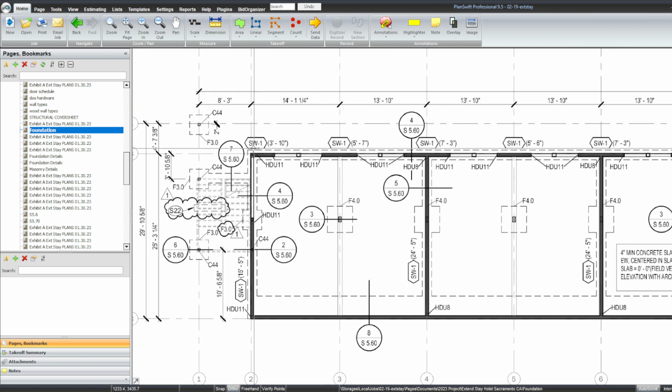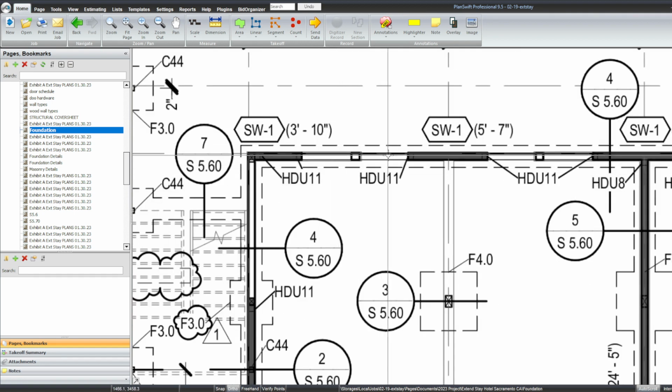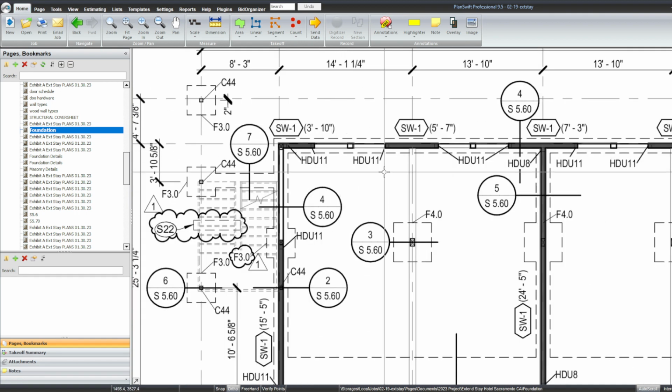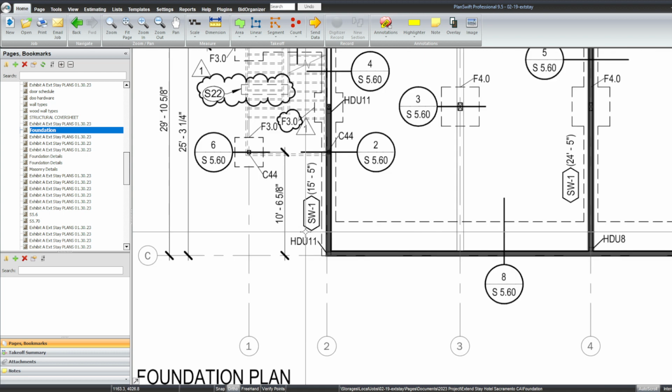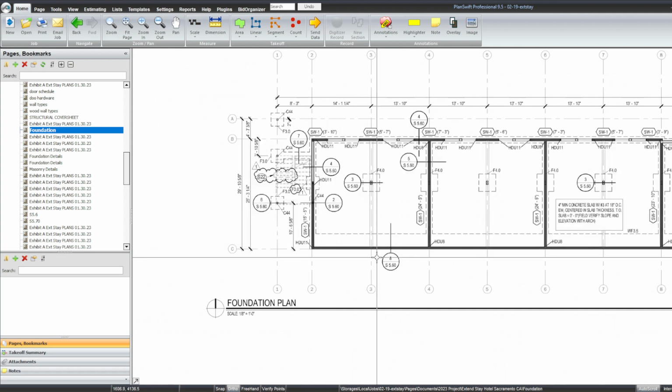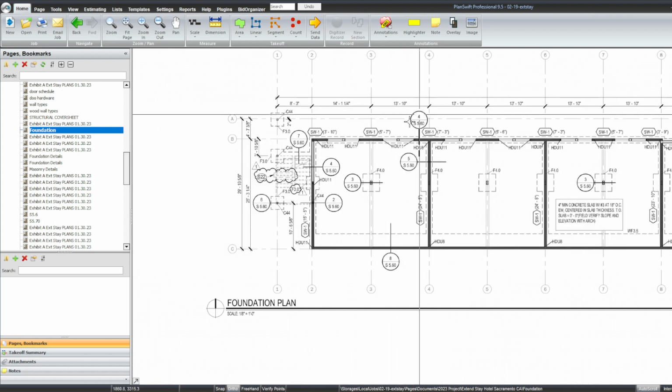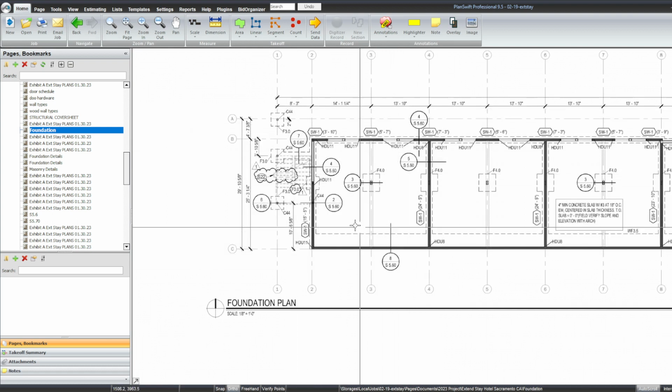Okay, so let's look at some of these symbols. Remember that continuous footer I was telling you about? Well, it is represented by this broken line. You see we have a number of section views.